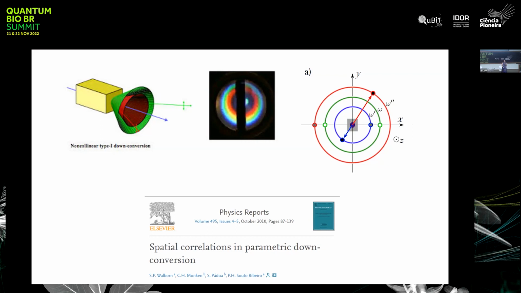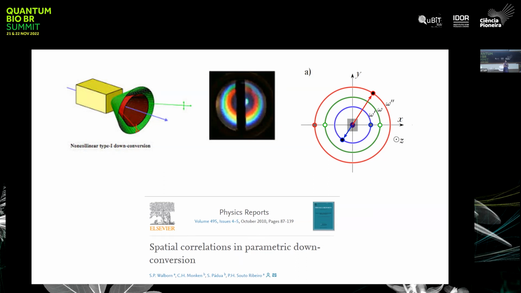So these guys, Monken, Sebastião de Pádua, Paulo Henrique Souto Ribeiro, and then later Stephen Walborn, their work is essential not just in Brazil but in the whole world. These are the basic references behind spatial correlations and spatial entanglement, which just means the following.